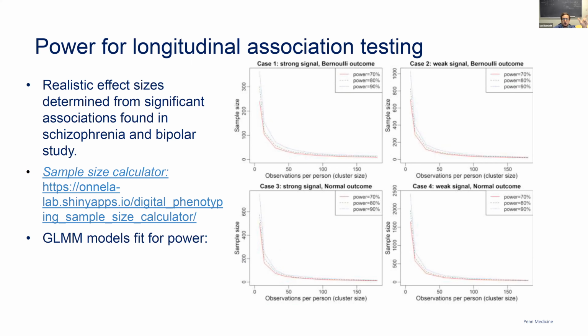And those are 2 variables that matter a lot with respect to power, both for association studies as well as for N of 1 models, like the change point detection I showed. So I would point you to that paper if you want to learn a bit more about how you might go about designing a digital phenotyping study for yourself.